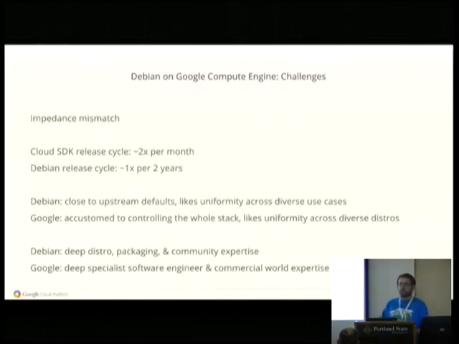Google's used to building things in a context where it can control a surprisingly large portion of the stack, sometimes down to the software, sometimes down to the hardware, but it's used to building things in an integrated fashion, and it's used to having uniformity within the Google context more than across different distributions.